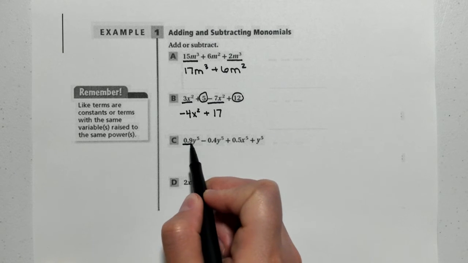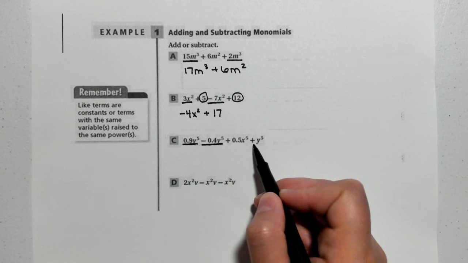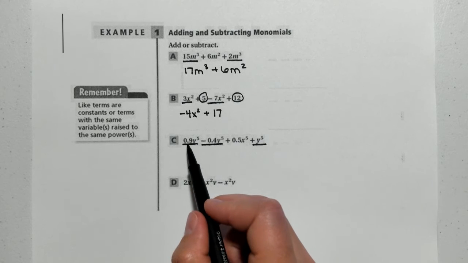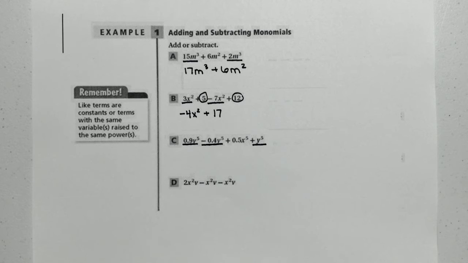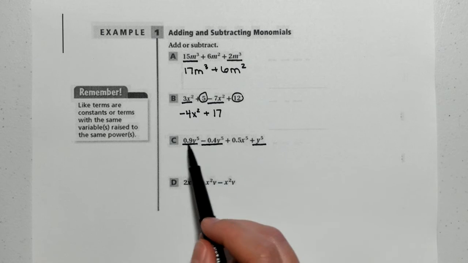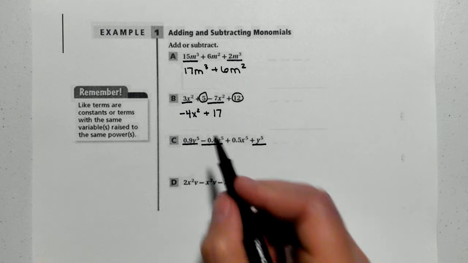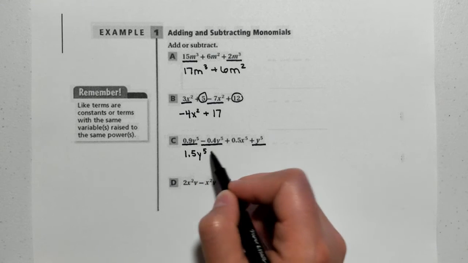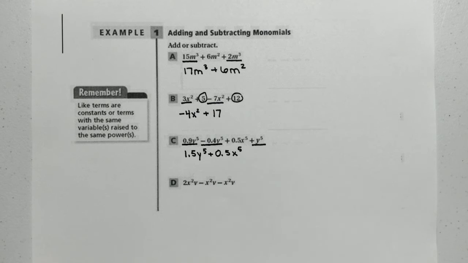So 0.9y to the fifth minus 0.4y to the fifth plus y to the fifth can all be combined. 0.9y to the fifth minus 0.4y to the fifth will give us 0.5y to the fifth, and then plus 1y to the fifth. So 0.5y to the fifth plus 1y to the fifth will give us 1.5y to the fifth. And then I still have this plus 0.5x to the fifth.